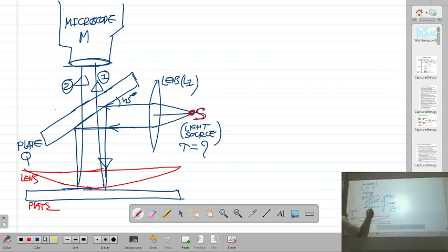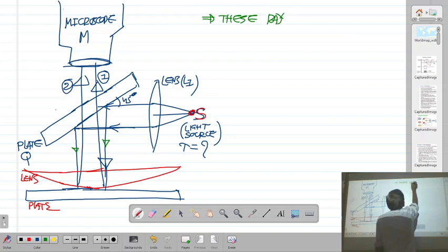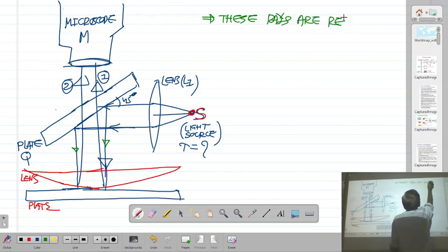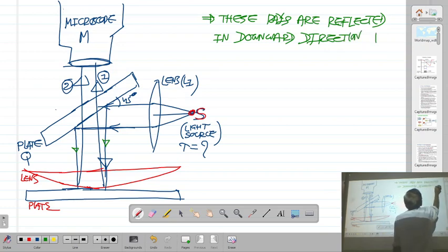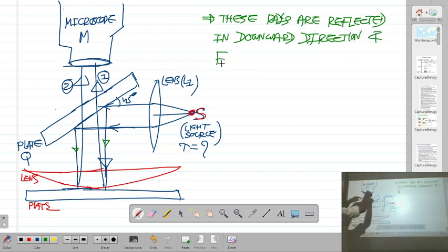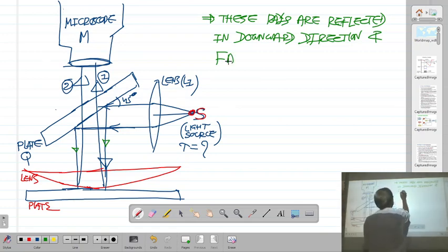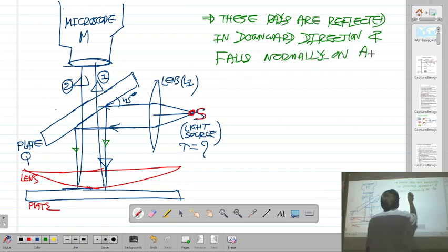So when this parallel ray is incident on the glass plate, it is reflected in the downward direction and falls normally on the lens and plate system.